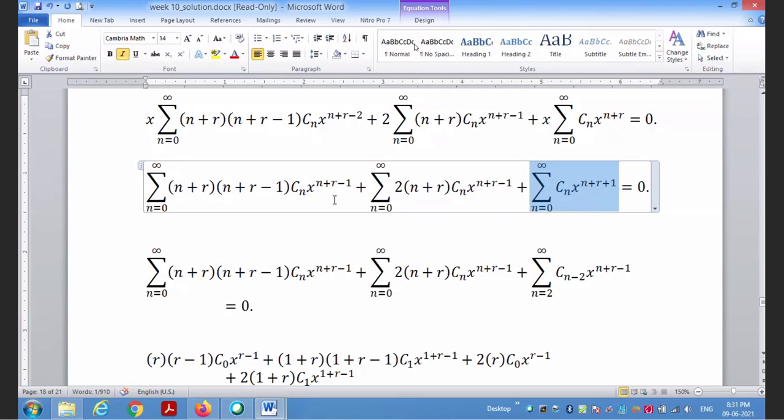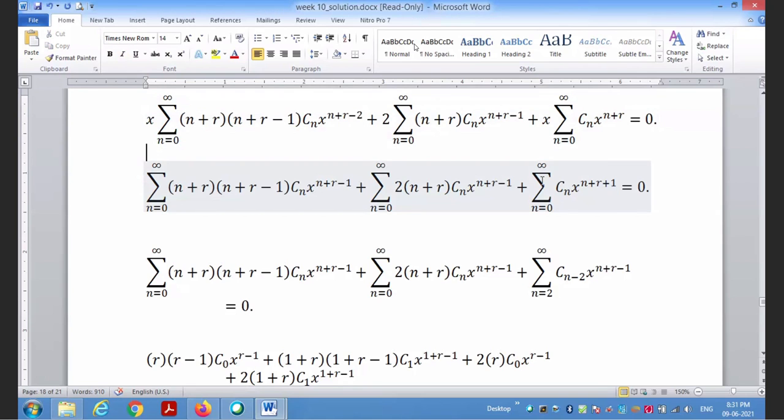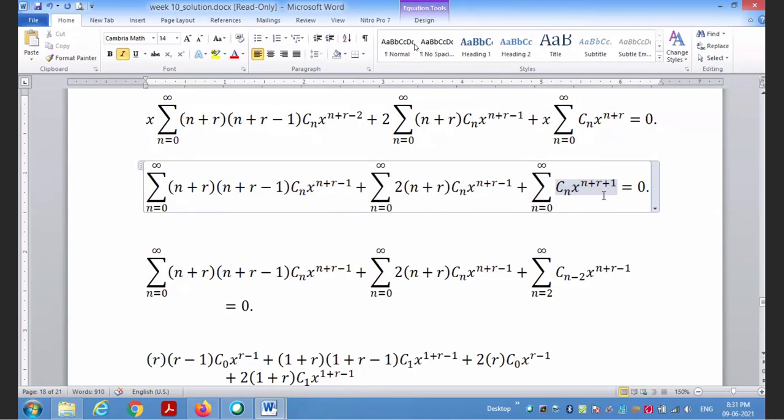You want to choose the one that we change the least. In this case, the third one. We need to change the power to x to the n plus r minus 1, so you have to replace this n with n minus 2.